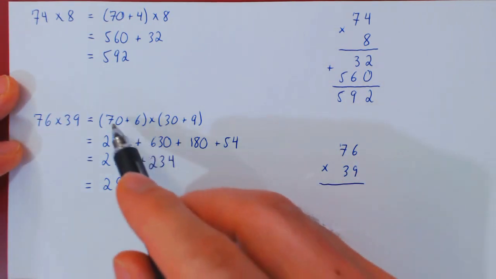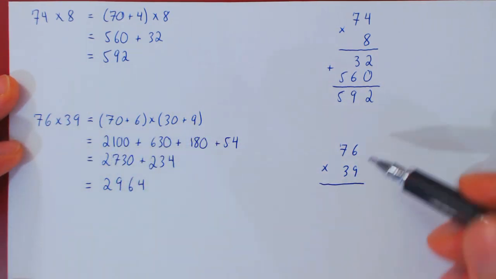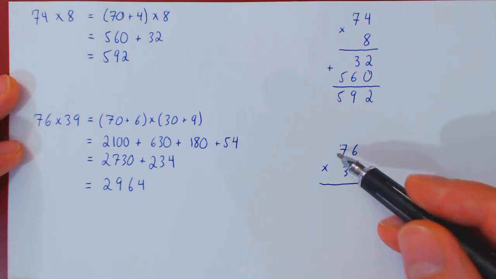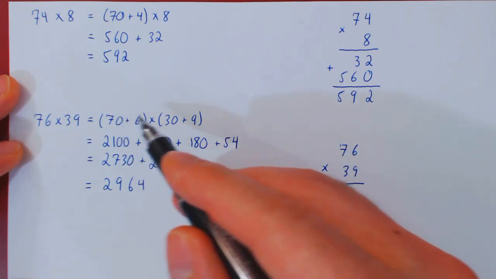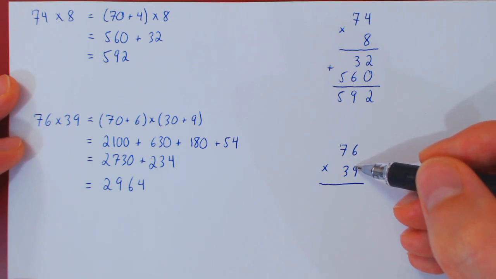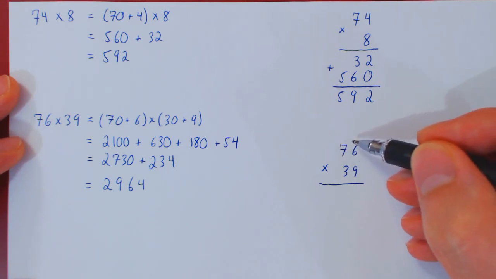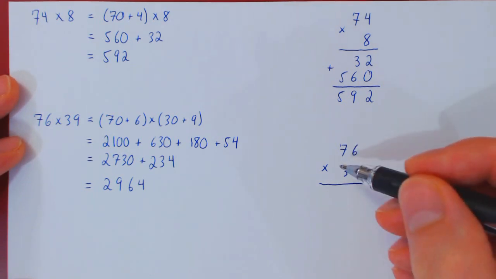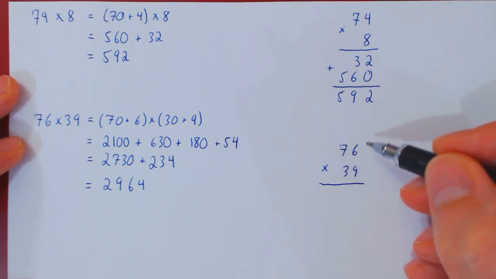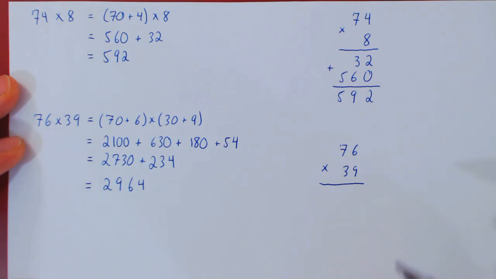So the idea is the same as in the first solution, but not to break up the two integers into two more integers. So if you think about it this way, we can do first 9 times all of 76, and then we'll do 30 times all of 76, and we'll add up those two integers and not four integers.